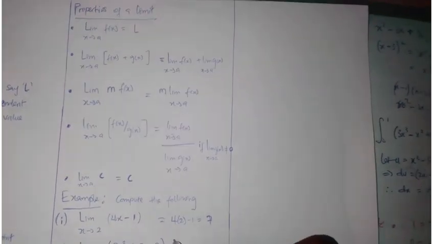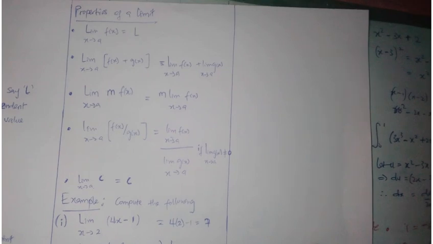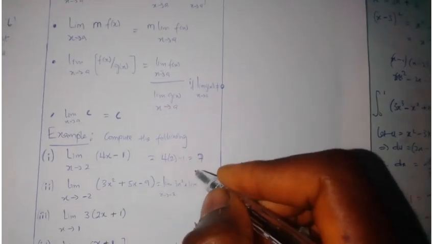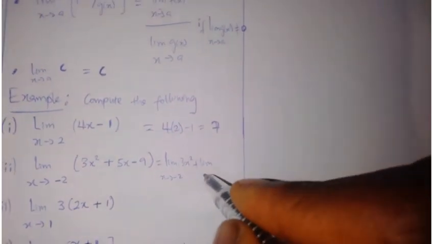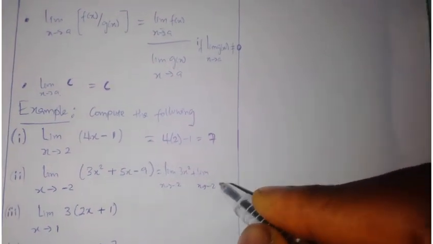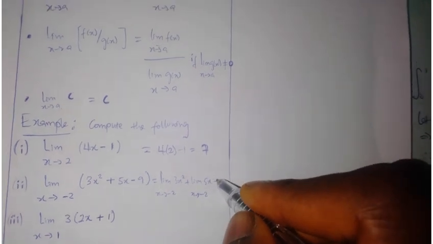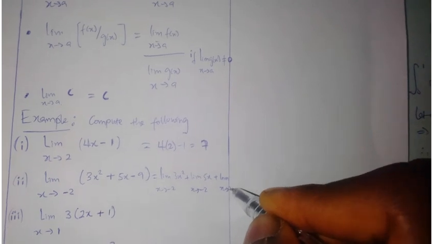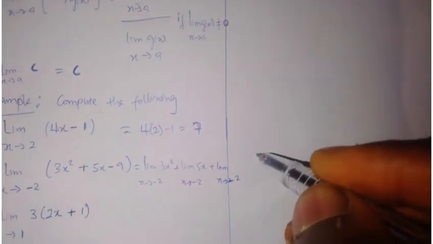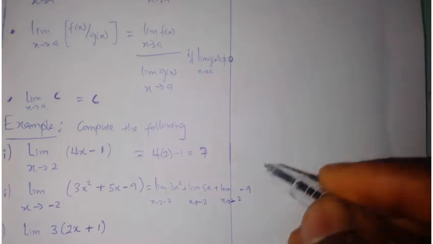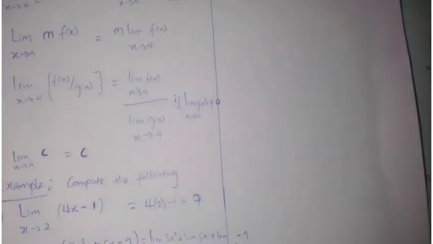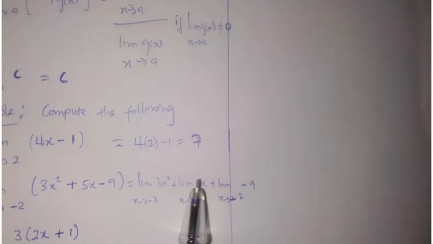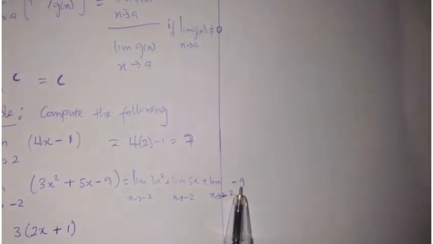That is, you can say the same thing as the limit as x tends to minus 2 of 3x squared, plus the limit as x tends to minus 2 of 5x, plus the limit as x tends to minus 2 of minus 9. Now, trying our direct substitution means you should put your x as minus 2 in each case where you see x. And for this constant, the answer is still minus 9.